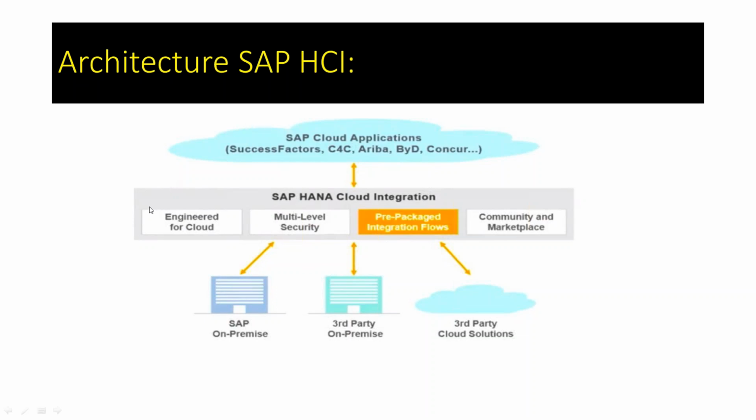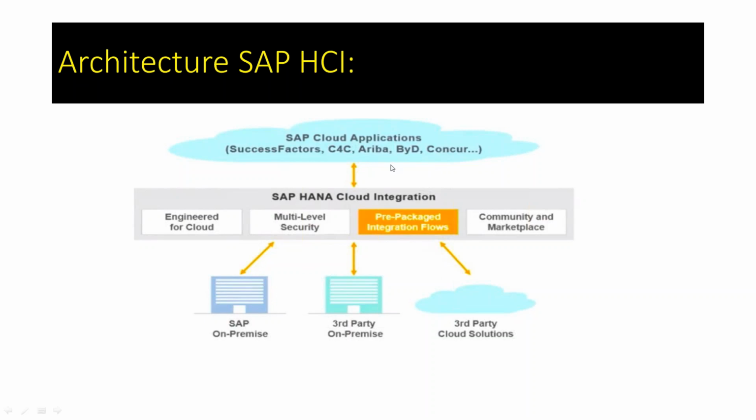So it's very normal. In the middle we have SAP HANA Cloud Integration, and below we have SAP on-premise, third-party on-premise, or some cloud solutions. And here we have SAP Cloud applications. There are different SAP Cloud solutions also, like SuccessFactors, C4C, Ariba, BID, and Concur. It shows how easily, with the help of pre-packaged content, you can integrate with a cloud solution.